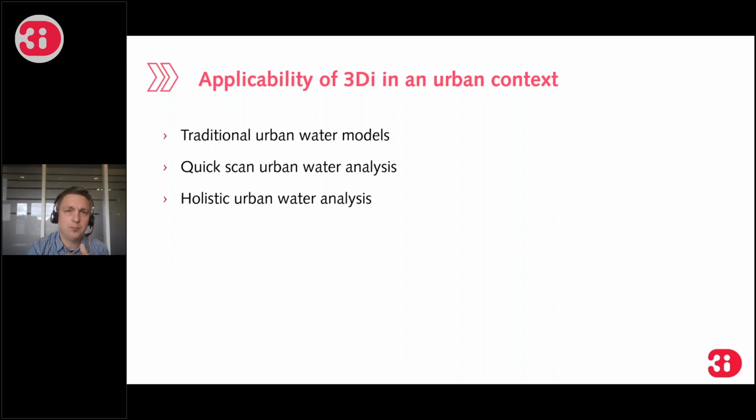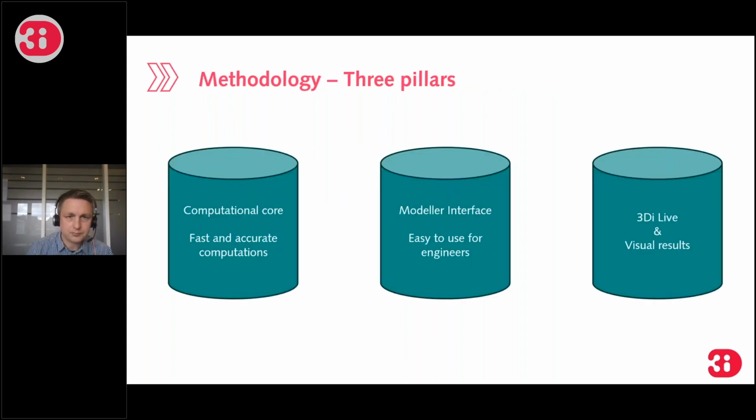So this is a rough approach. There's, of course, a lot of in-betweens, but this is just to give you an idea of the applicability and the broad range of possibilities that you have with 3DI. To introduce that, I'm going to use the three pillars. First of all, we are going to look at the computational core.